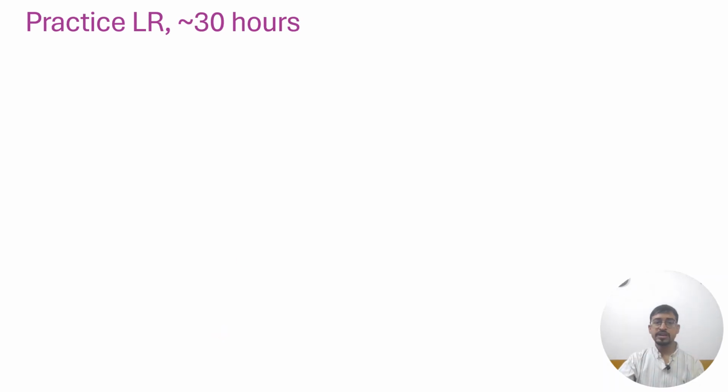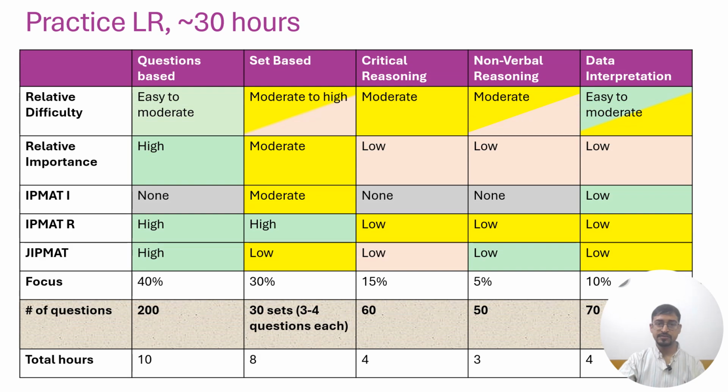All right, so how do I invest those 30 hours that I've kept for practicing logical reasoning and data interpretation? To begin with, we have the relative difficulty of each of these topics in front of you, followed by relative importance. This relative importance has been built from individual analysis of papers for IPMAT Indore, Rohtak, and JIPMAT. Based on this, 40% of your focus should be on practicing questions from single question types, 30% for set based.